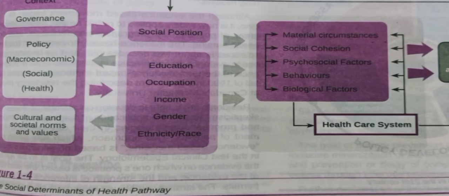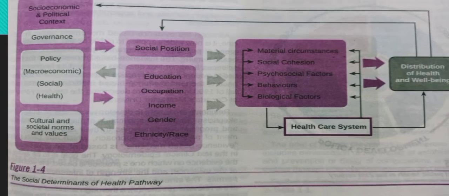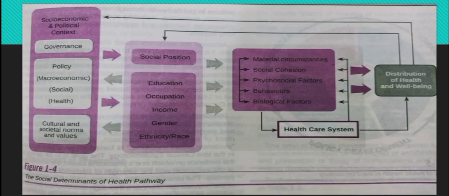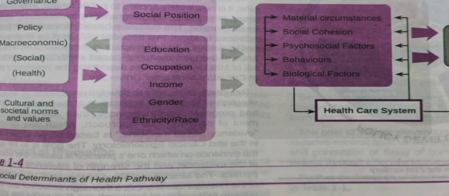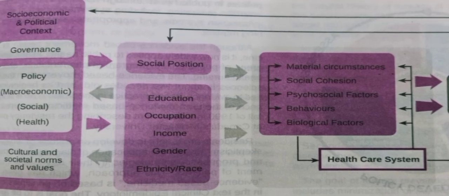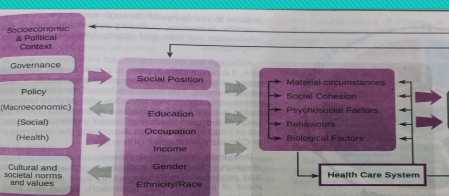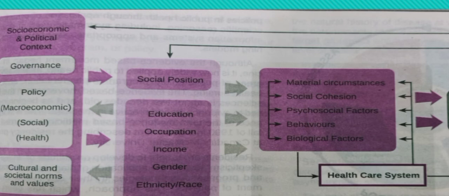This is the social determinants of health pathway. First, socio-economic political contexts like governance, policy and culture, social norms, then social position like education, occupation, income, gender, ethnicity or race.